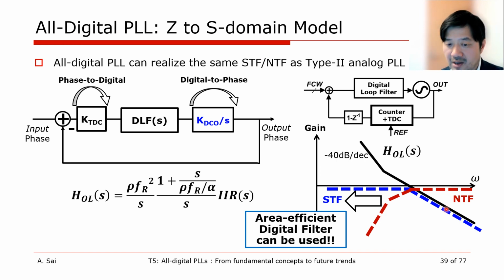However, all digital PLL can easily narrow the loop bandwidth with the area efficient digital loop filter, so it can easily suppress the fractional spurs more than the type 2 analog PLL.